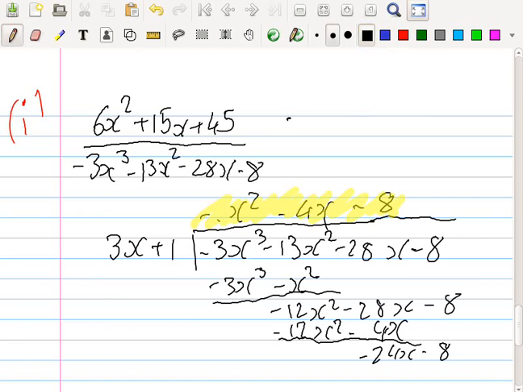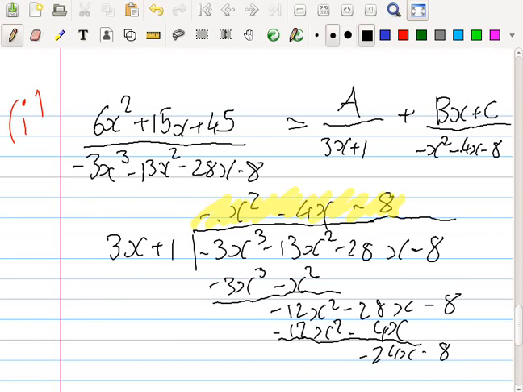So then we say this equals A over 3x plus 1. And then there's only one other piece, which is the quadratic, minus x squared minus 4x minus 8. But who feels they can tell me what goes on the top here? Bx plus c. Very good. Okay.